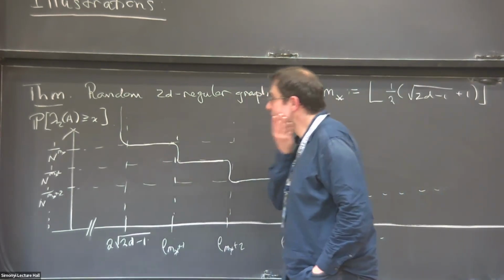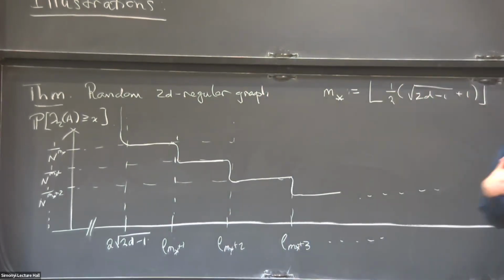Remember that these random graphs that we're constructing can have self-loops. If you have a self-loop, that gives you a diagonal element of the adjacency matrix. Now you can imagine if you have many self-loops, you will have a very large diagonal element, and that will cause you to have an outlier in the spectrum.